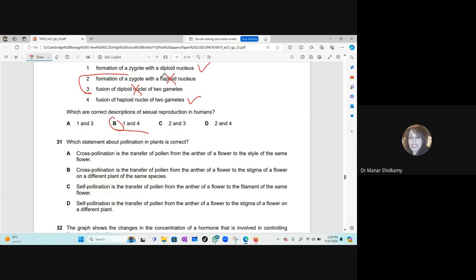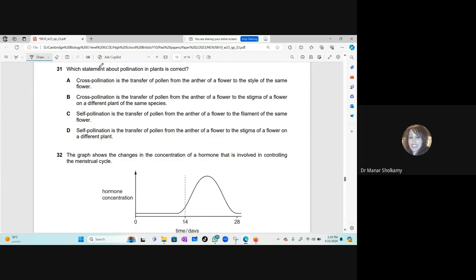If anyone is confused, please stop me, okay? Which statement about pollination in plants is correct? A. Cross-pollination is the transfer of pollen from the anther of a flower to the style of the same flower. B. Cross-pollination is the transfer of pollen from the anther of a flower to the stigma of a flower on a different plant, but of the same species.